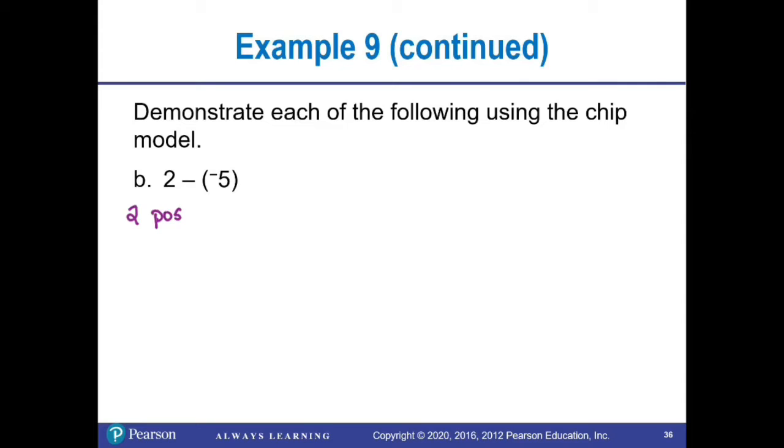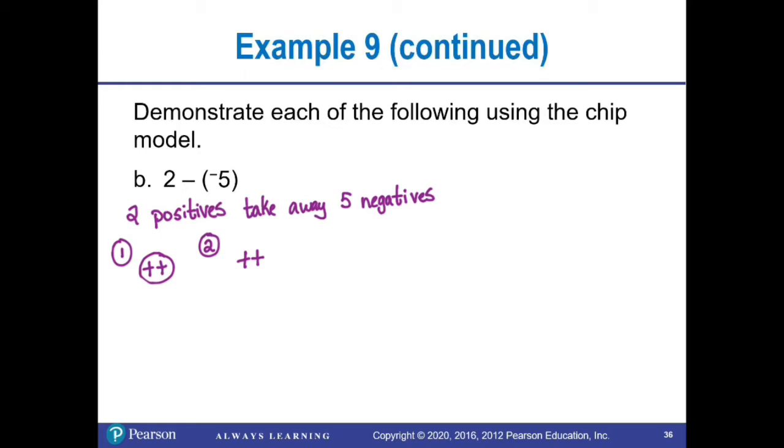So for 2, I start with 2 positives. The minus tells me to take away, and I take away 5 negatives. Now in my set, I don't have any negatives to take away. So I add 0, a positive and a negative, until I have 5 negatives. So a positive and negative, that's 0.